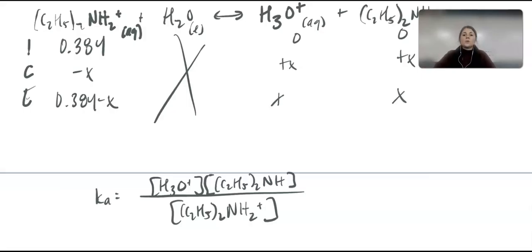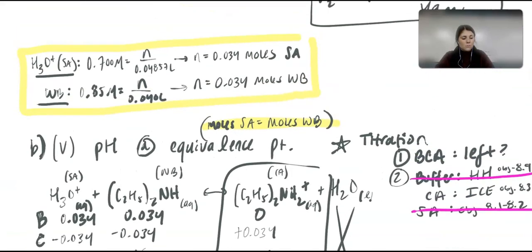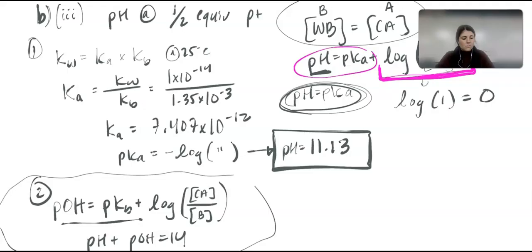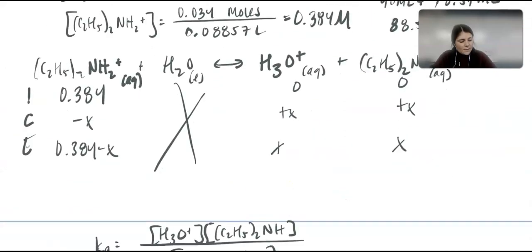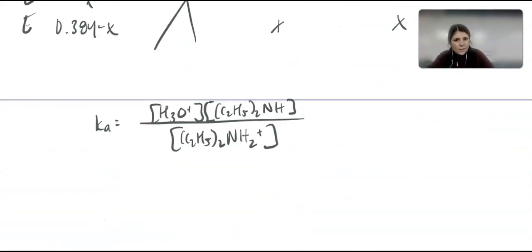Now here's the issue. We did actually solve for a Ka earlier, which we got from earlier. Bring that Ka down here. So that was 7.407 times 10 to the negative 12 for our Ka.